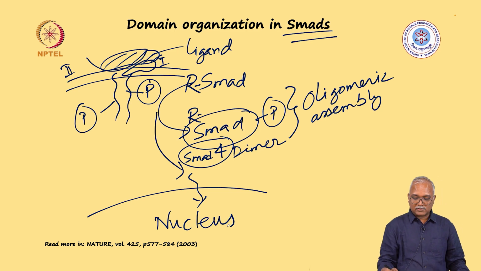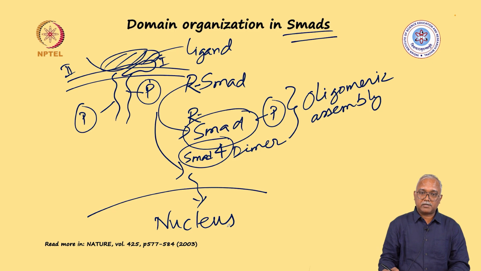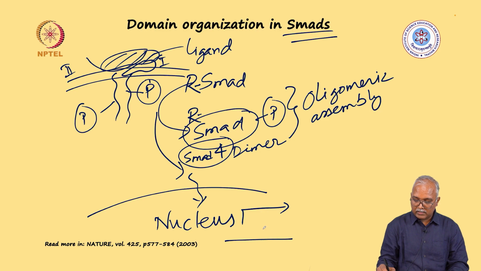And this nuclear translocation is a much awaited event downstream of this receptor serine-threonine kinase signaling, where you have a group of molecules which are transcribed. This complex comes and binds to the promoter region, and it works through different proteins.